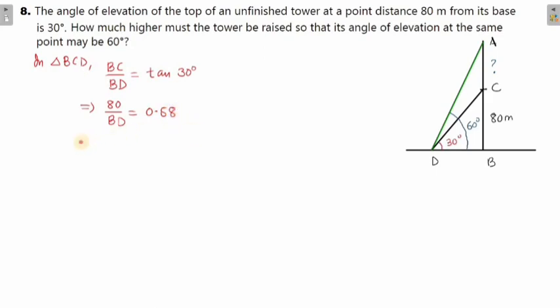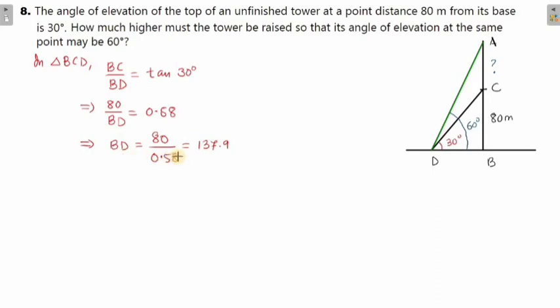Now from here, BD turns out to be 80 by 0.58. When you simplify this, the answer turns out to be 137.9. So this is your BD.